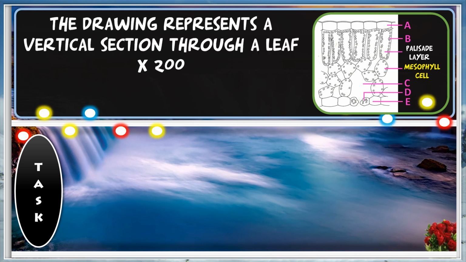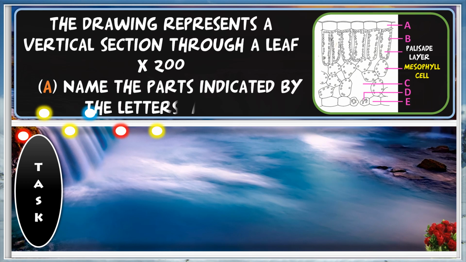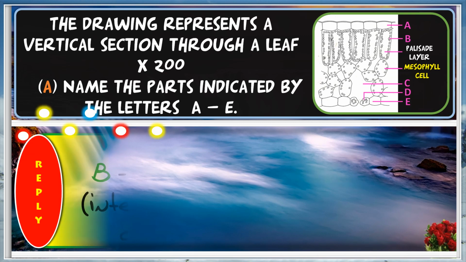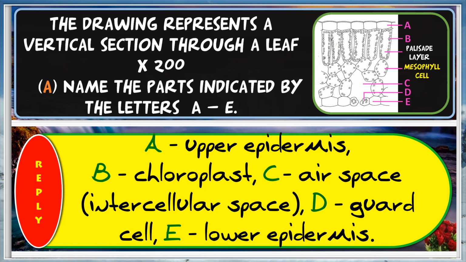The drawing represents a vertical section through a leaf, magnified 200 times. A. Name the parts indicated by the letters A to E. A is the upper epidermis.